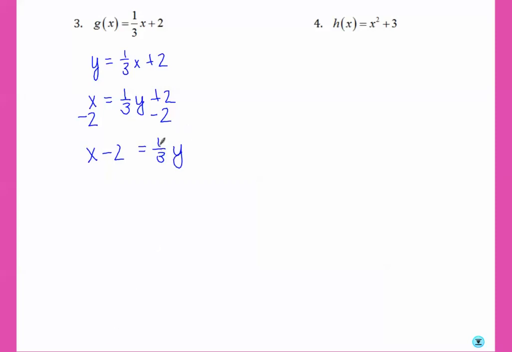The way we're going to undo the 1/3 in front of the y is multiply both sides by 3. So these 3's will cancel out on the right, and we just get y on the right. On the left, make sure you distribute the 3 to both terms that are on that side. So you should get 3x minus 6, and then rewrite your final answer in inverse notation.